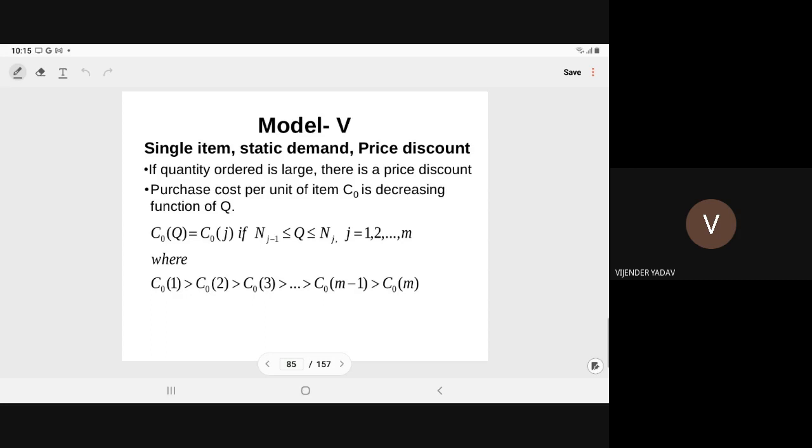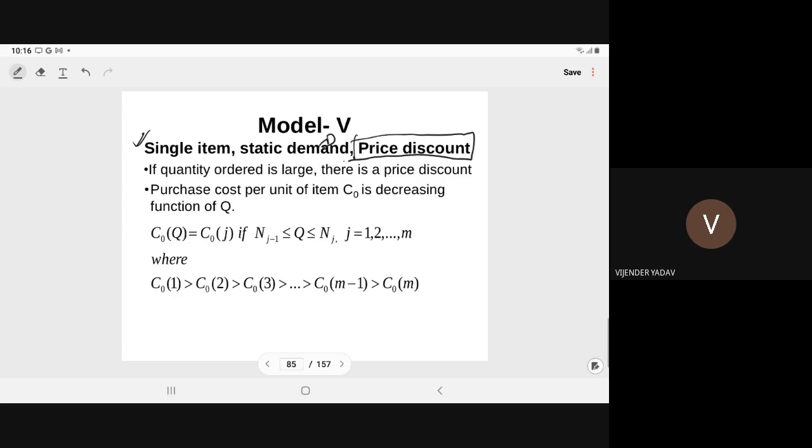In model 5 we have a single item, static demand D, and the important modification is the price discount. In practice, when we purchase an item in more quantity, you get a discount. For example, if you purchase more than 100 items, then the unit price is something.